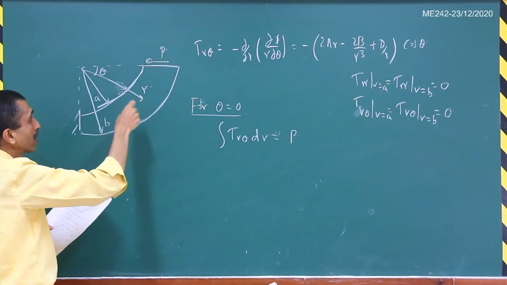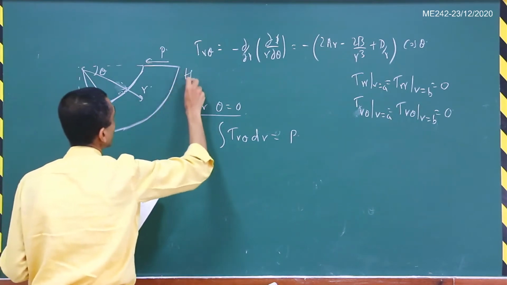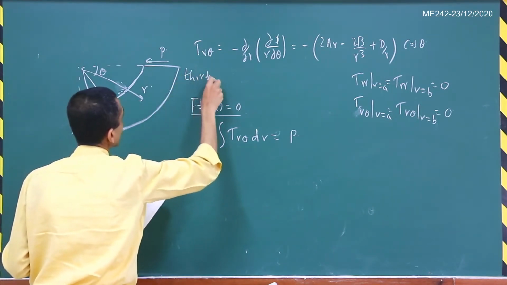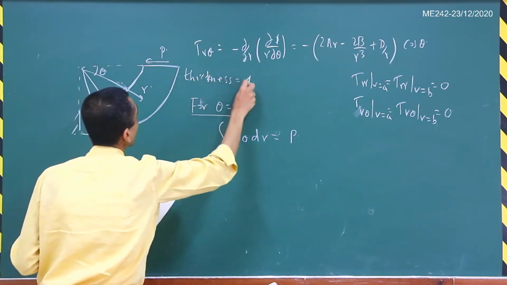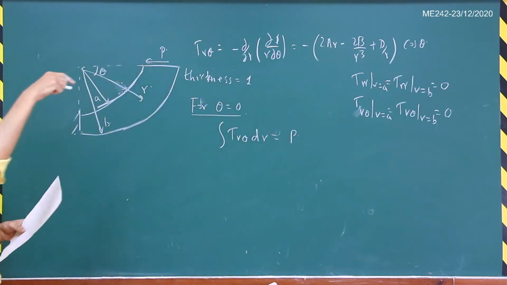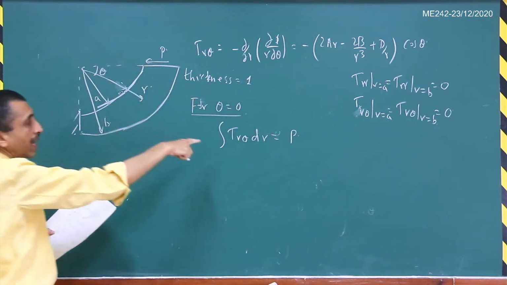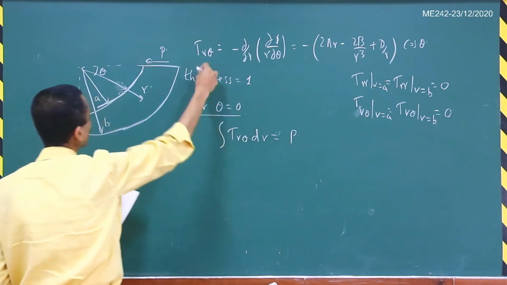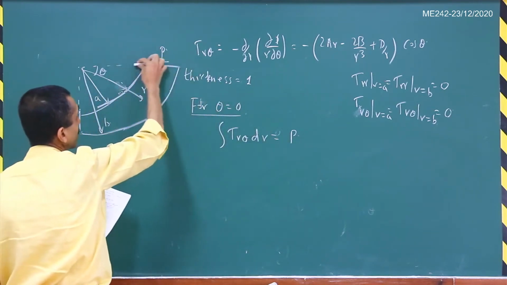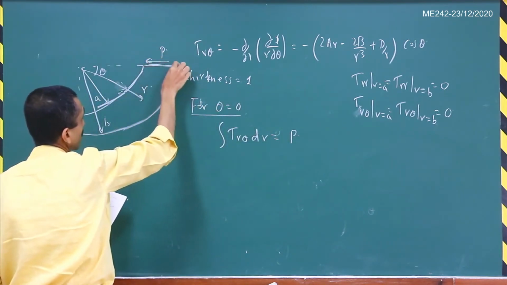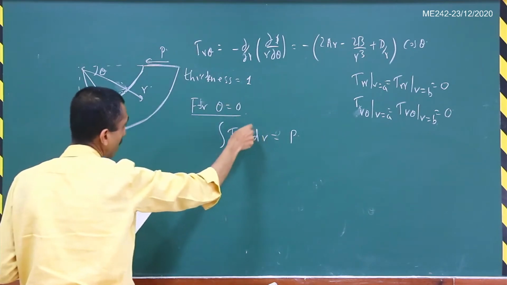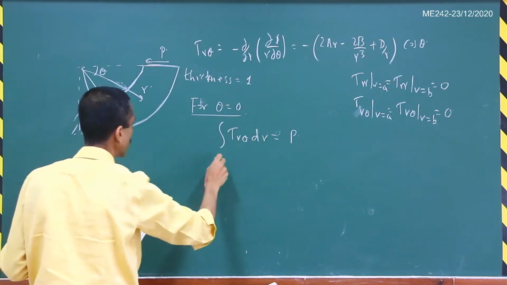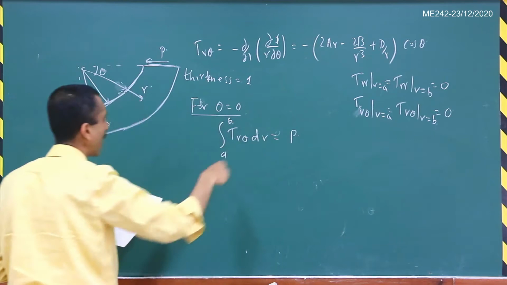So we can say that the thickness is equal to 1. And so tau r theta times dr will be equal to P. And so that is the tau r theta that is acting on this particular surface here times dr from a to b. So this is from a to b. That is equal to P.